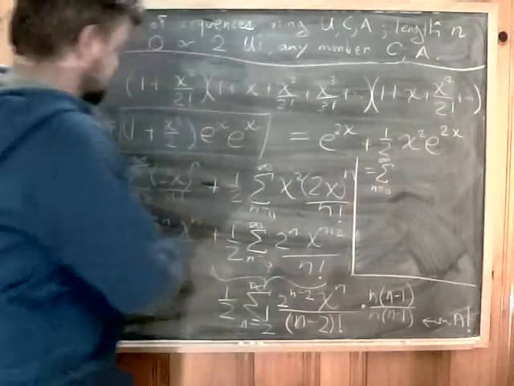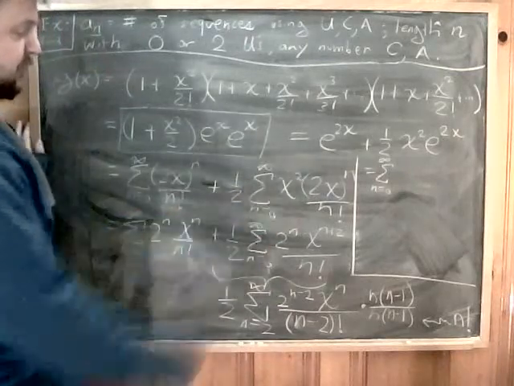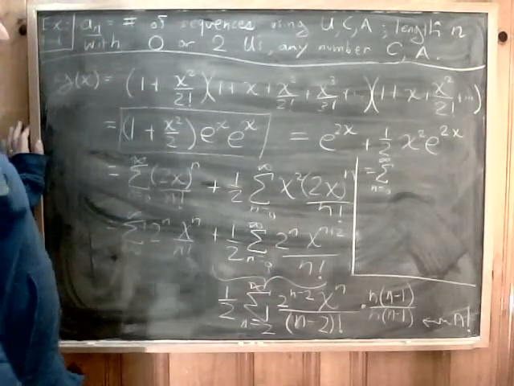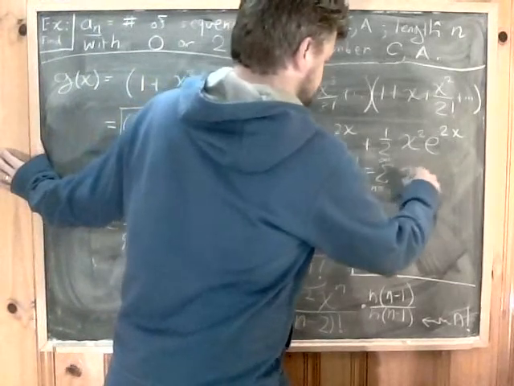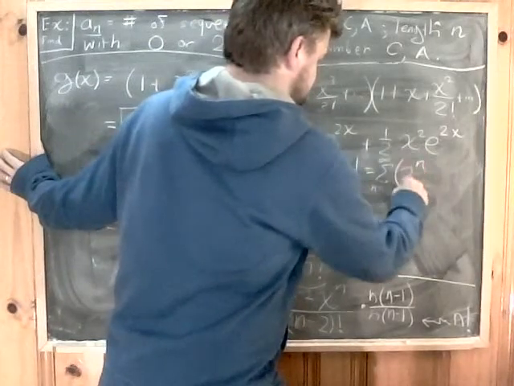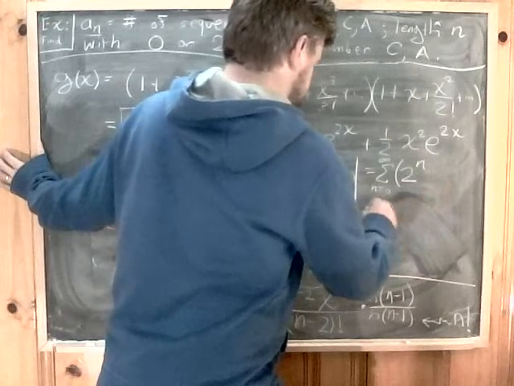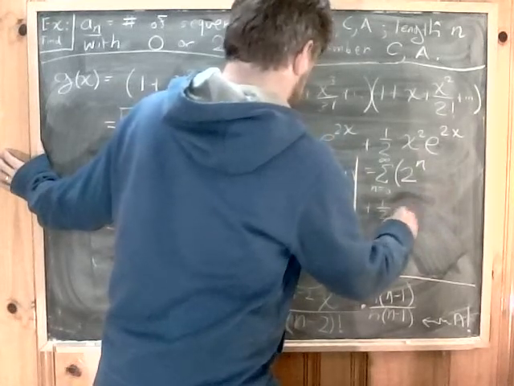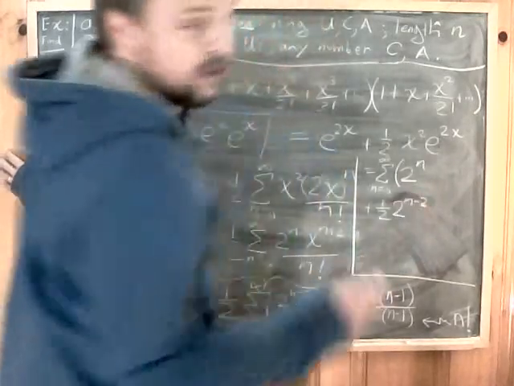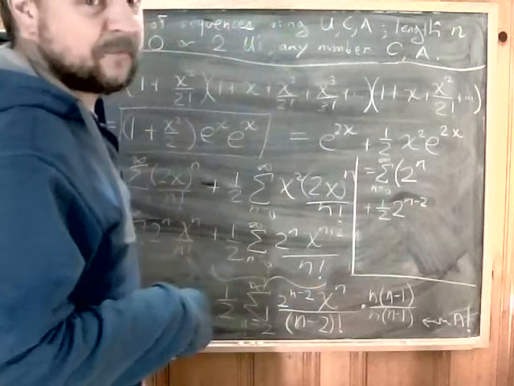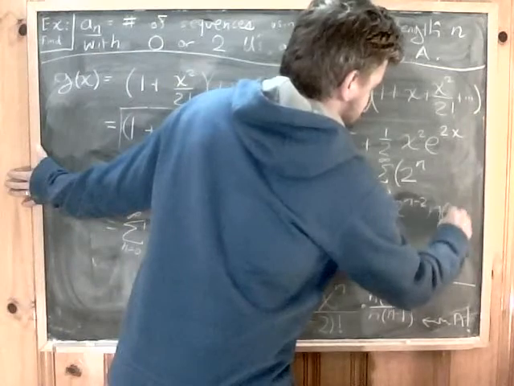I'll do that. So I have 2 to the n, and then 1/2 2 to the n minus 2 times n minus 1. Okay. So I'll probably have to just do this on a continued line here. 2 to the n, and then plus 1/2 2 to the n minus 2, which you could combine and make 2 to the n minus 3 if you wanted. Then times n minus 1.